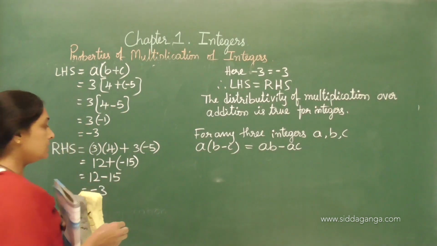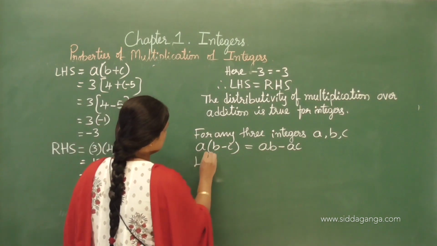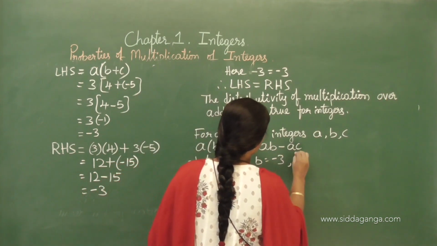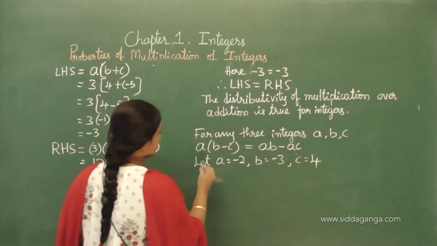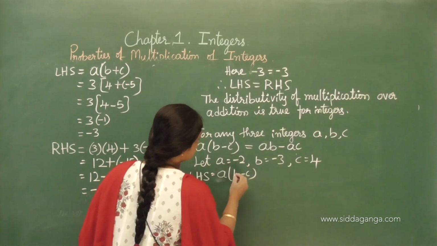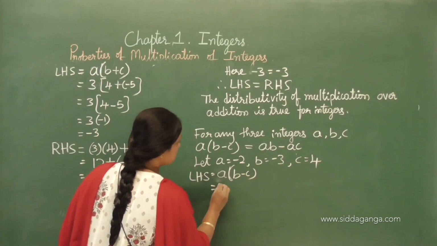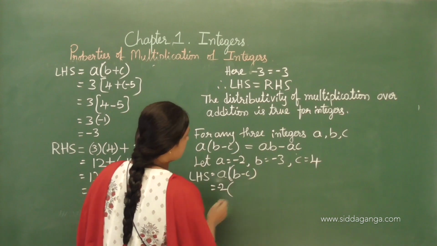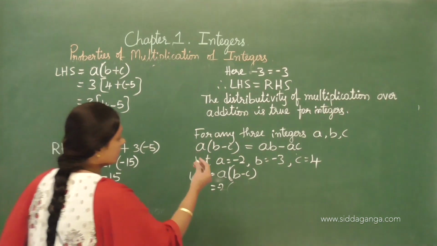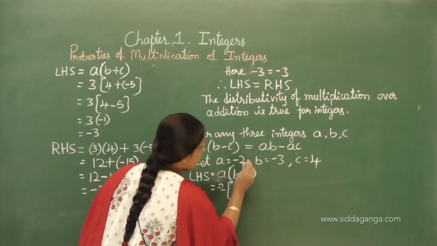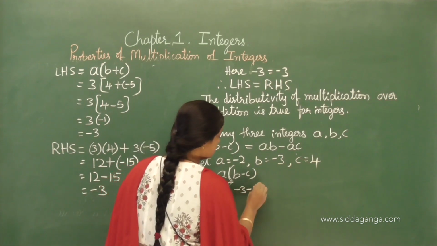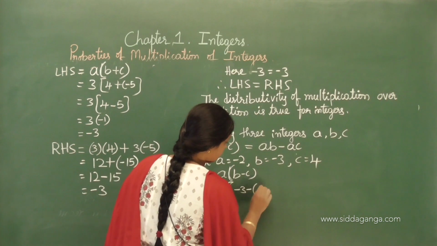Let A is equal to minus 2, B is equal to minus 3, C is equal to 4. Okay, LHS is equal to A into B minus C. A is minus 2 into B is minus 3 minus of 4.